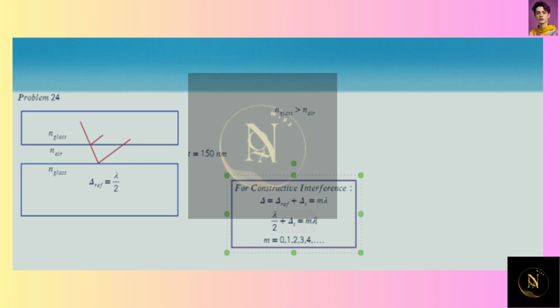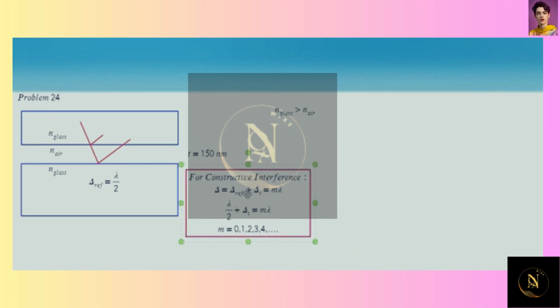Okay, so this is telling us that half a wavelength plus this is going to be equal to an integer multiple of wavelengths. The only way that can be true is if delta t is equal to an odd integer multiple of half wavelengths, because halves plus halves gives you whole numbers here. So let's go ahead and write that out.